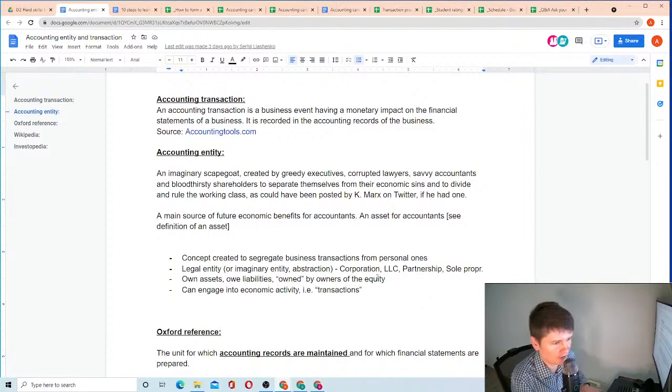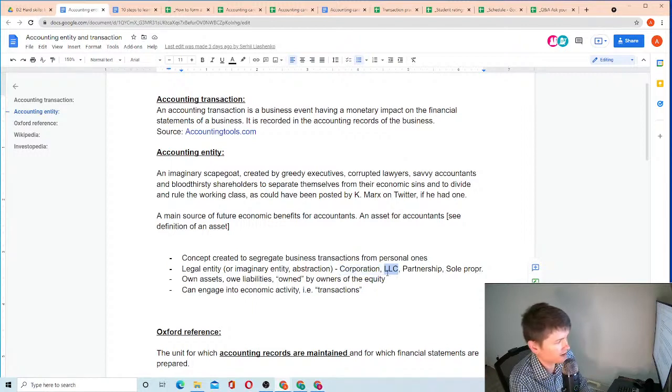And if your legal structure is an LLC or corporation, the legal entity, most of the time, will correspond to the accounting entity. It will provide you with protection for your own personal assets if your LLC or corporation gets into legal trouble.